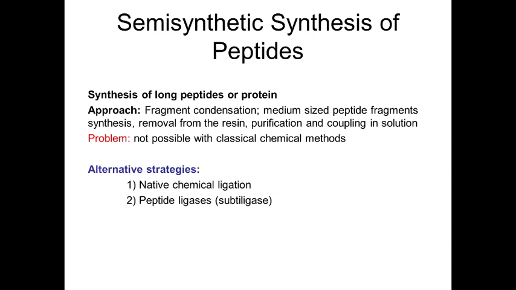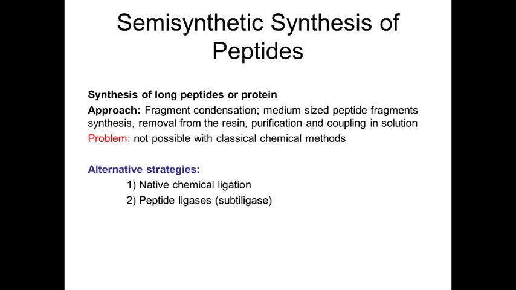The principle of peptide fragment condensation is very simple. You start out synthesizing the peptide fragments that cover the whole sequence of the protein, and in the final step, you just put them together and connect them by native peptide bonds.